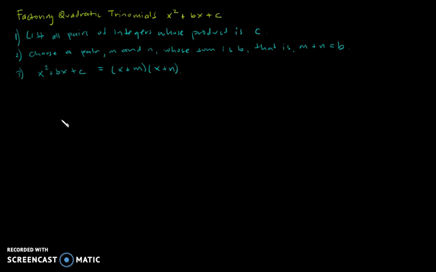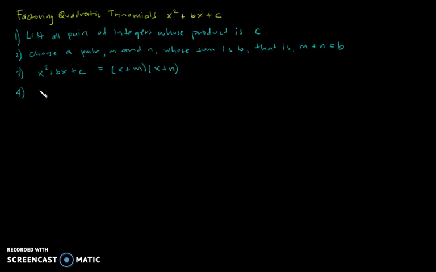So again, for number 4, some notes. If there are no such integers m and n such that m plus n is equal to b, the trinomial cannot be factored, and it is called a prime trinomial.